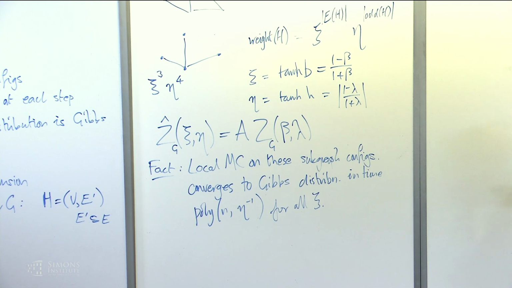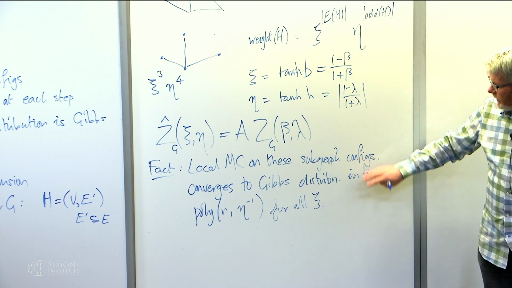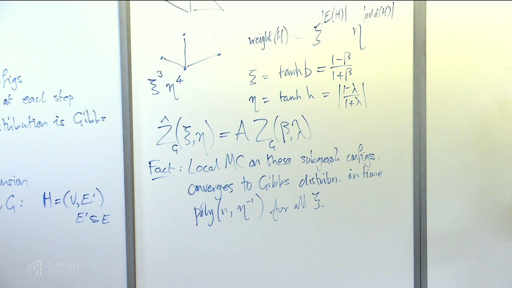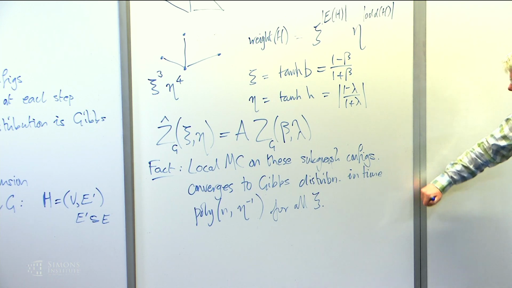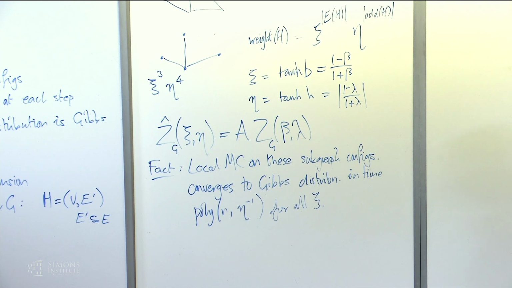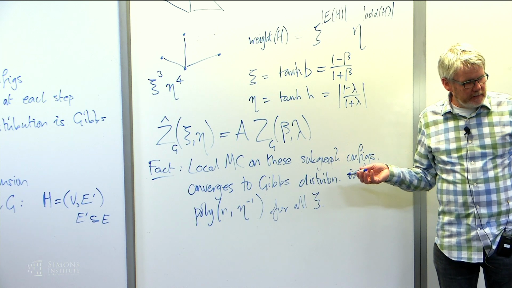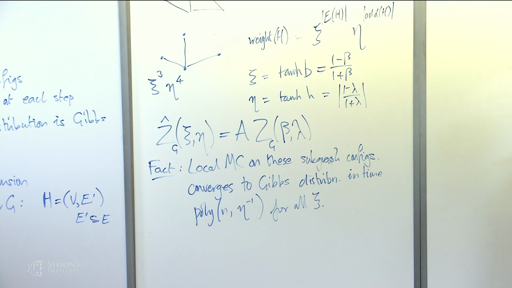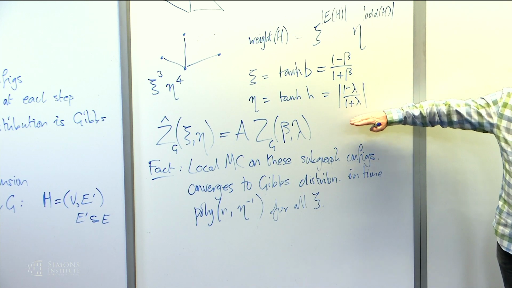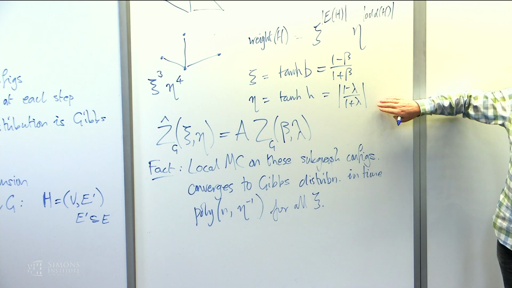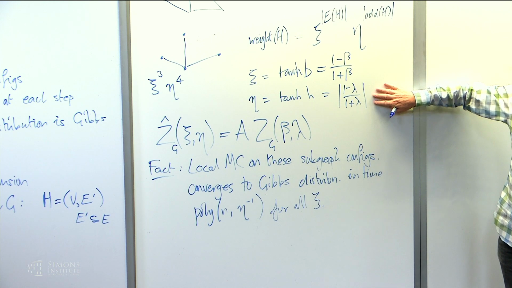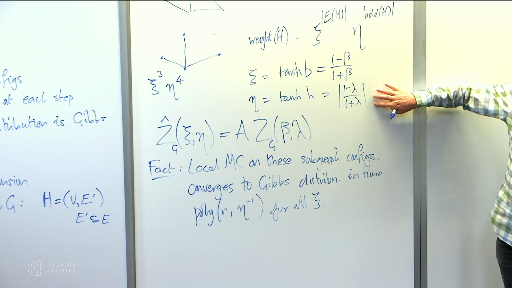Okay, so I want to get into how you prove this, except for one observation, and I'm making this observation to try to make connections with other parts of the program. In the analysis of this Markov chain, something that drops out in a natural way is that the coefficients of this polynomial, when viewed as a polynomial in eta, are log concave.